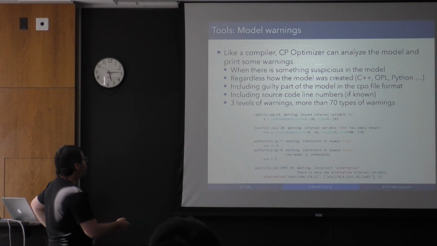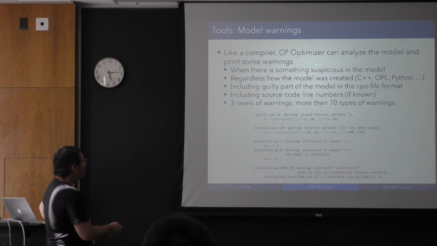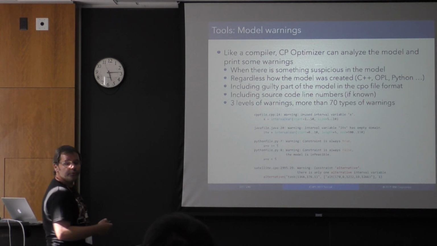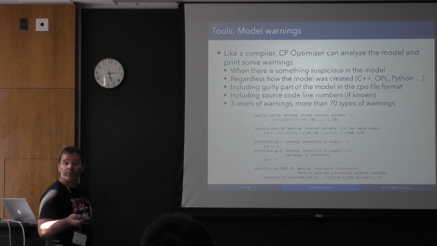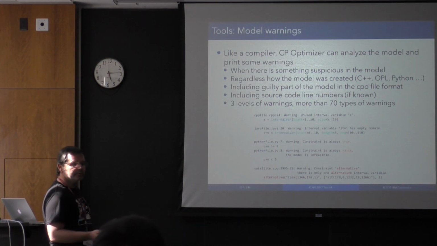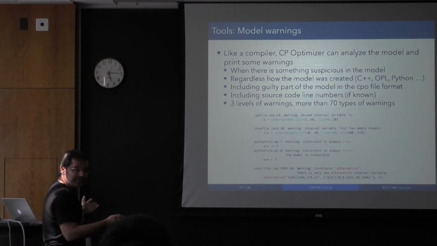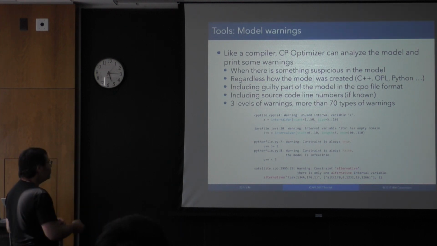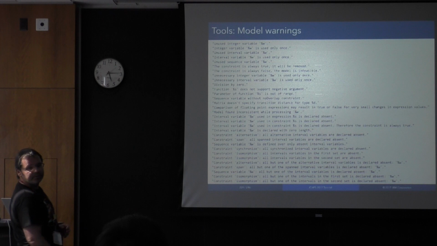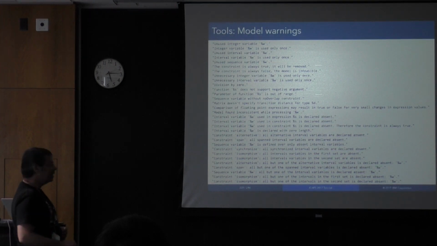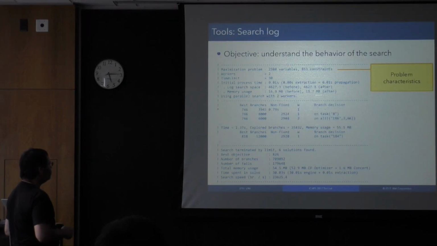For instance, we have here an interval variable x that is not used in any constraints. Why not? But maybe you didn't expect it. Maybe you forgot to add a constraint. And there is a bunch of different warnings you can get from CP Optimizer.